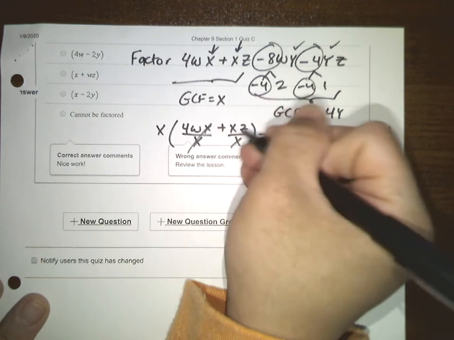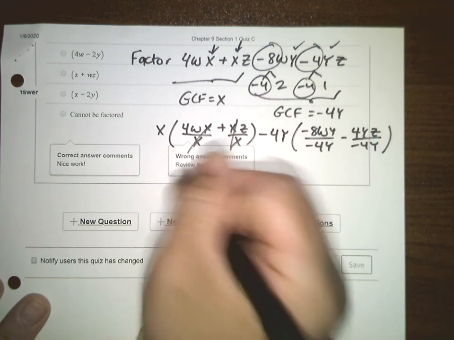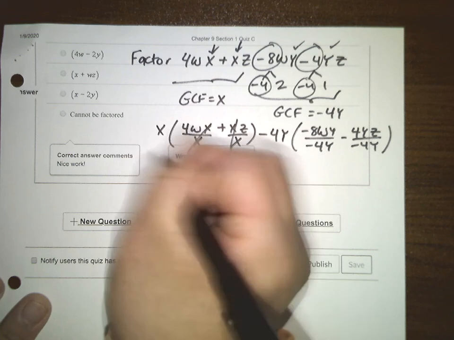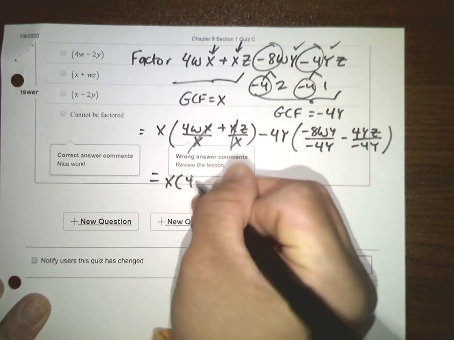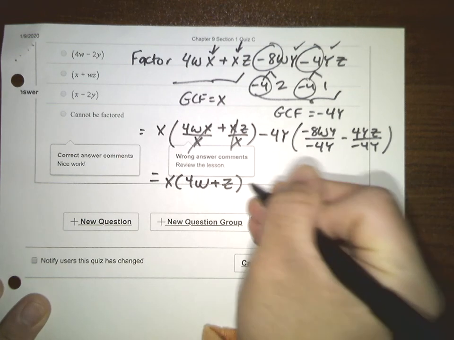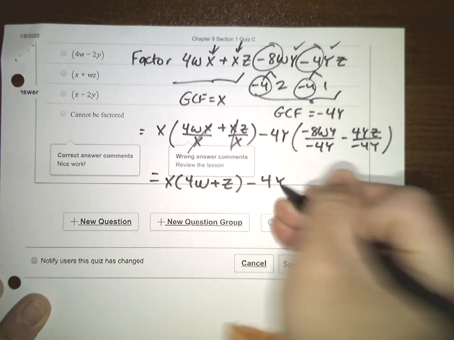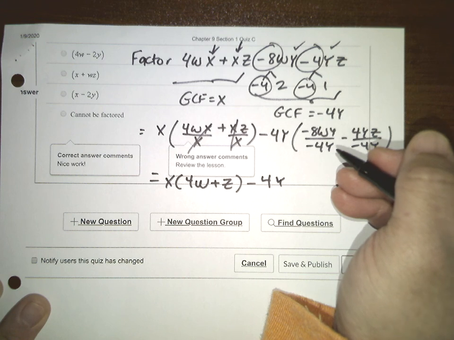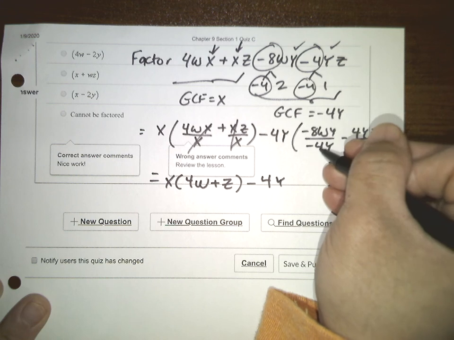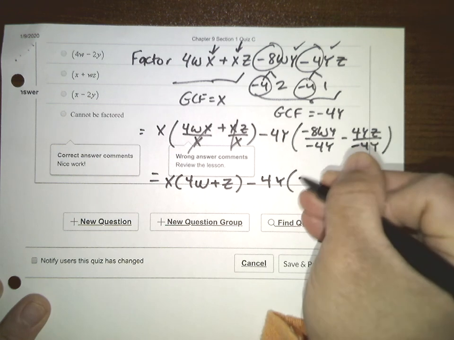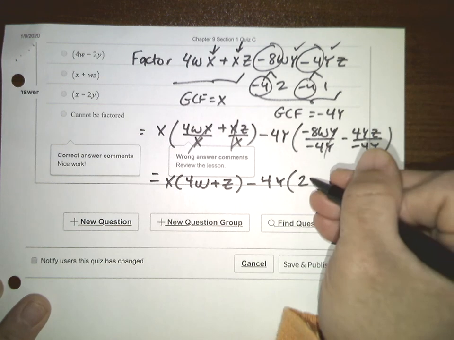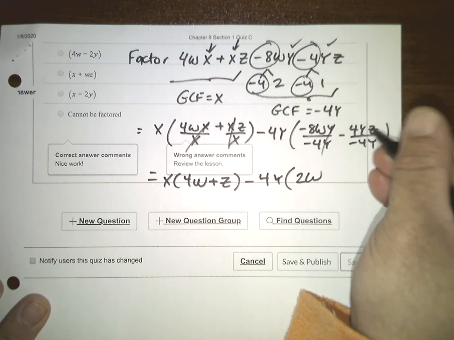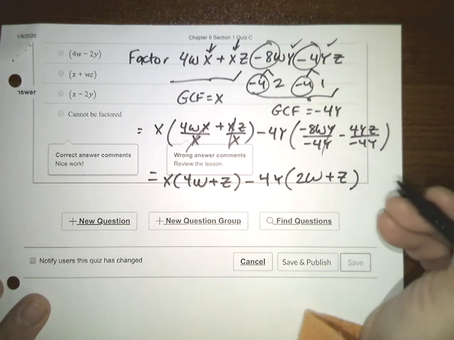So if I divide out the x's here, from the first part, I have x times (4w plus z) minus 4y, and then I have, well, what do I have here? I have 8 over 4 is 2, so I have 2. The y's divide out, w. The 4's and the y divide out, so plus z.